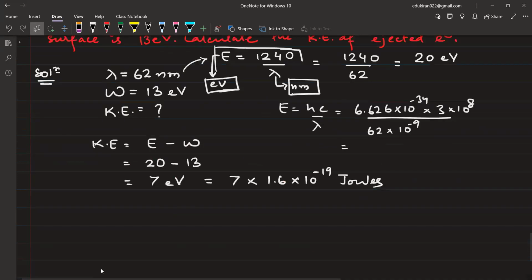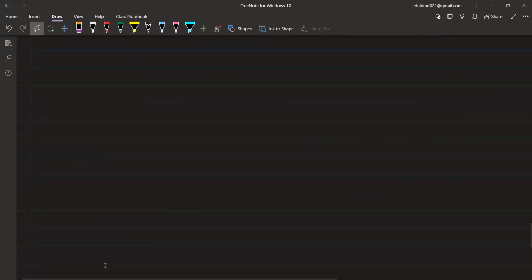Bohr actually said that, here, Bohr's model of atom. कहानी को आगे बढ़ा रहे हैं ना. Bohr's model of atom.